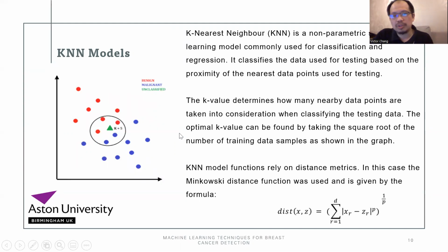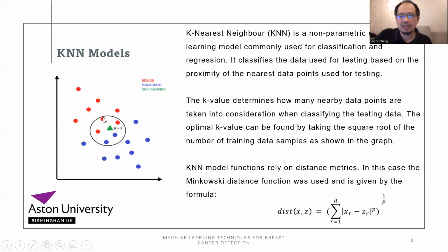Let us talk about the KNN model, which stands for K-nearest neighbor, a non-parametric supervised learning model commonly used for classification and regression. It classifies the testing data based on the proximity of the nearest data points. It finds the nearest data points that you can see in this figure, and the K value determines how many nearby data points are taken into consideration when classifying the testing data.